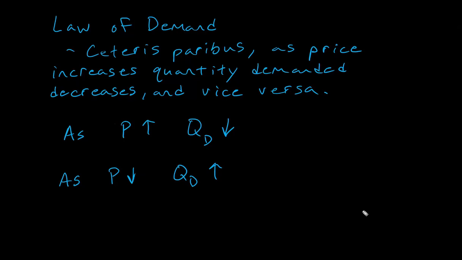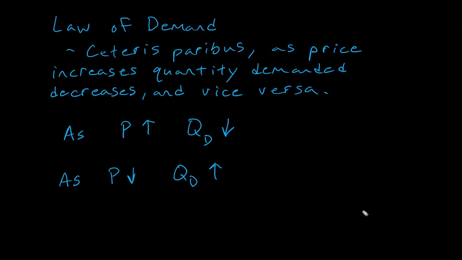And this does make sense, right? Because if the price of something goes down, if you weren't purchasing it before, you might be more inclined to purchase it now because it's cheaper. And if you were buying it before, you might now be able to afford to buy more of it. And so the quantity can increase that way too.